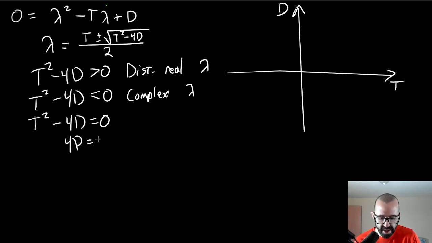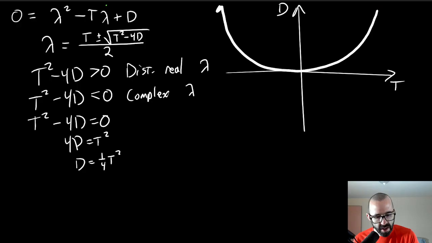So when 4D is equal to T squared, that's when D is a quarter T squared. That's easy. That's just a little squat parabola. It's a parabola that looks like this. This is when T squared minus 4D is equal to 0, and this is what's known as the repeated root parabola.